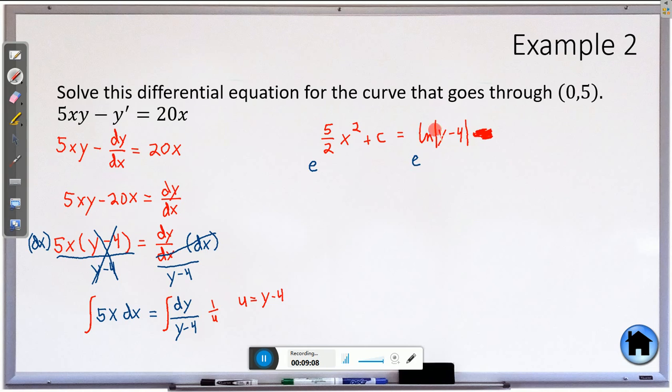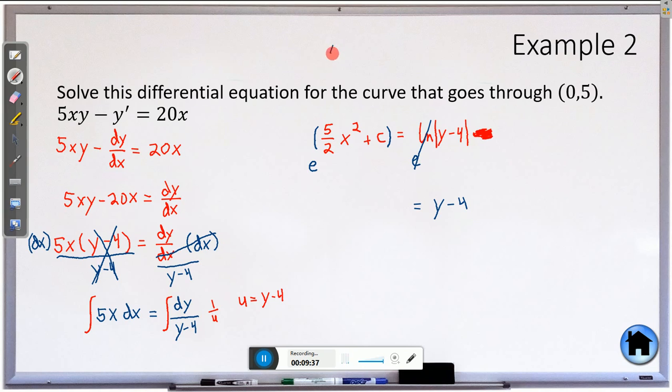And when you do that, the e and the natural log cancel out, and you're left with y minus 4 is equal to e to the power of all this. Now this gets a little fancy because we have e to the power of 5 halves x squared plus c, and that plus c is in the exponent. Now that looks really bad until you remember, how do exponents add?